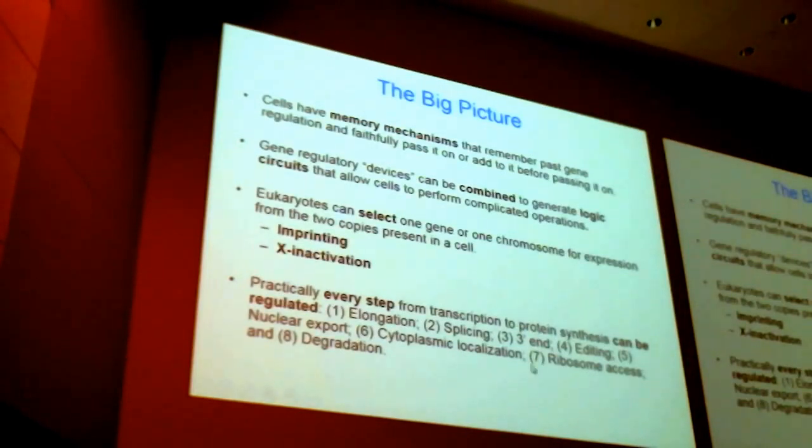3' end formation. This is where you have a long piece of RNA that's made by the polymerase, and then you have to make a specific endpoint at the 3' end of that long RNA. That's under regulation. And editing, which is an odd thing. So far you've heard about the information being coded from DNA, then in RNA, and then you get protein, central dogma.